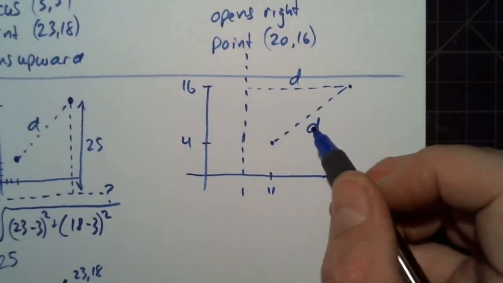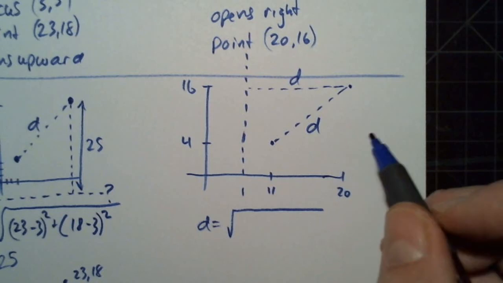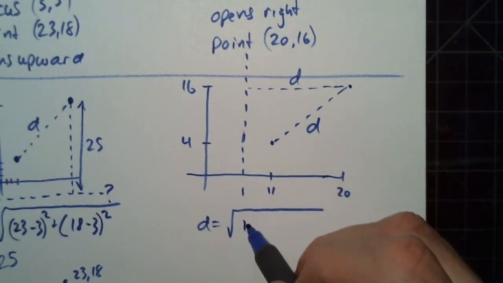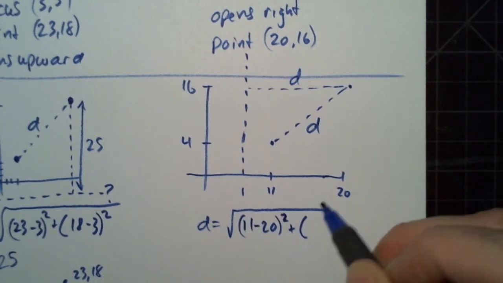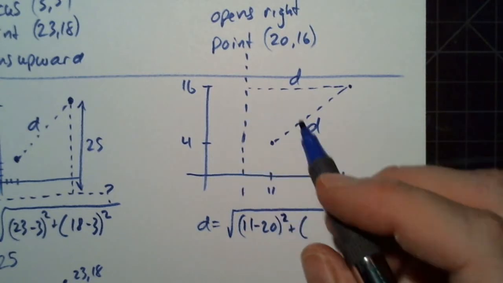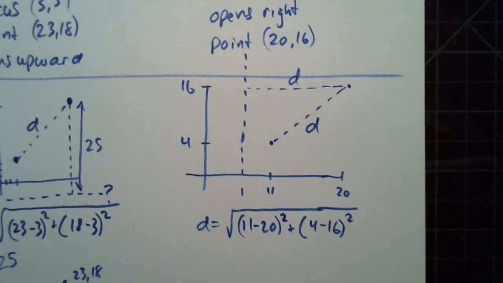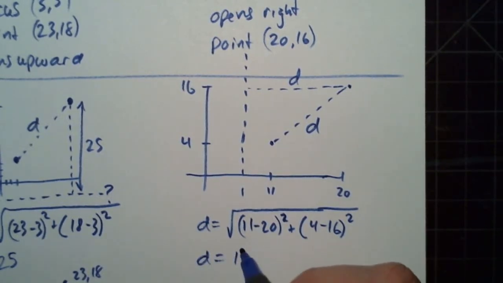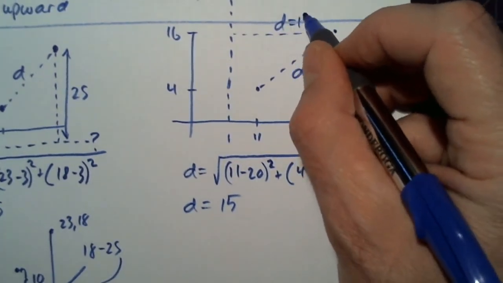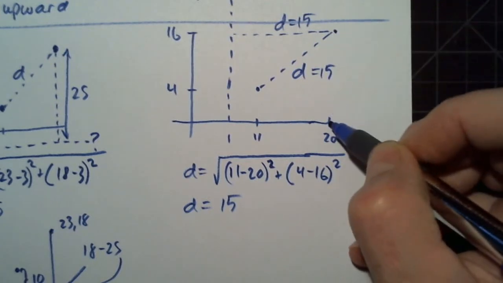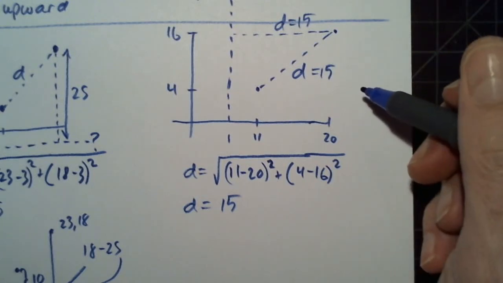So this distance, here we have (11, 4), so we'll go x minus x, 11 minus 20, and then we'll go 4 minus 16 squared, and we have 15. So if this is 15, then this is 15. We know that the x value is 20, so by going back 15, this should end at 5.